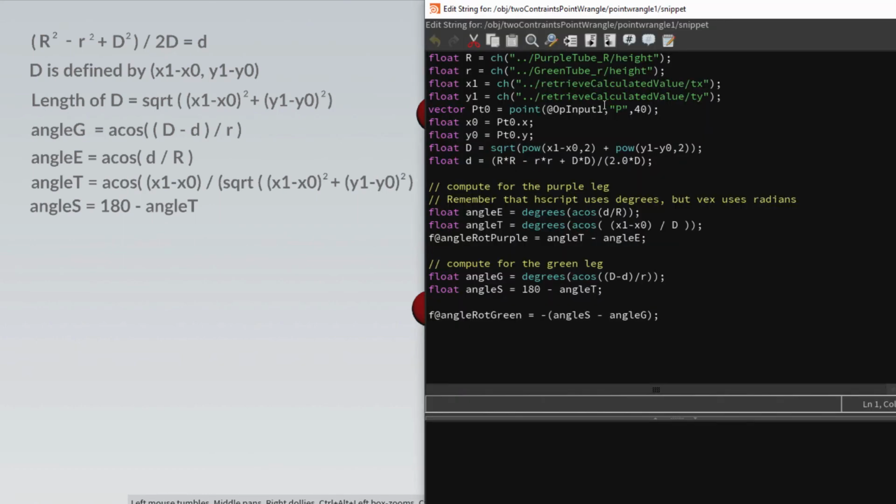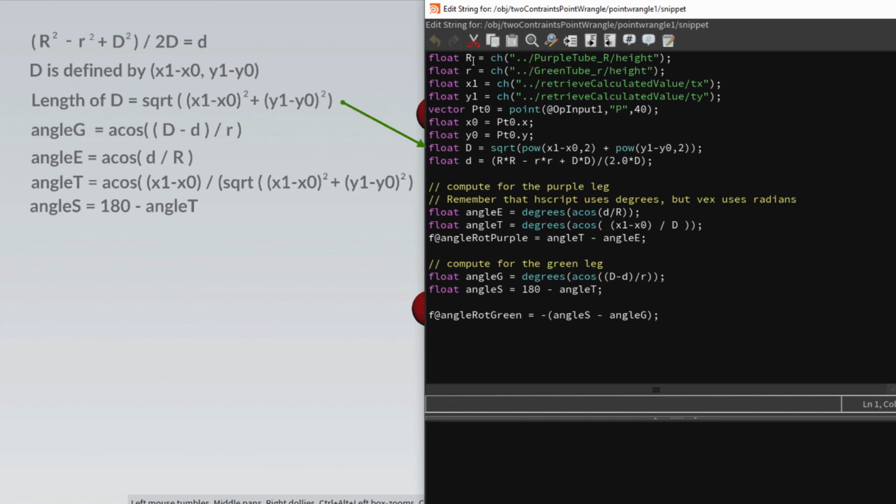You can see here that we have our values for big R and little r, which are just the lengths of our rods. We're retrieving a value of x1, y1. We're grabbing a point, which is the point that's being rotated around that tube. We have x0, y0, which we're taking from that.